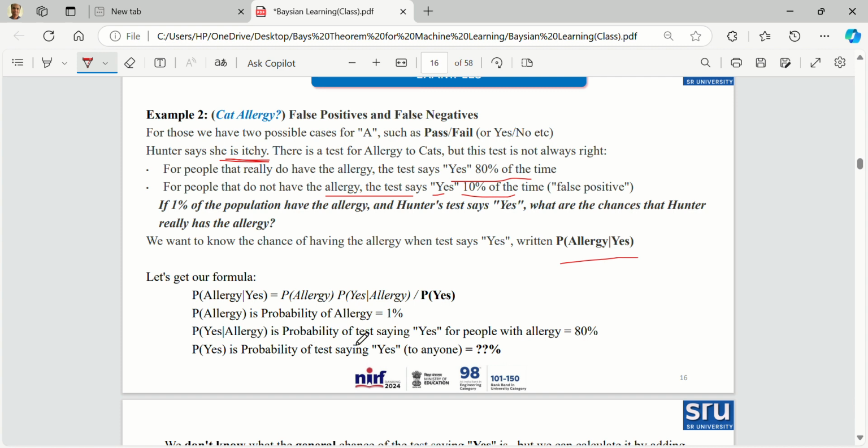Probability of allergy is 1%. Probability of Yes given allergy, that is the probability of the test saying yes for people with allergy, is 80%. The probability of Yes is the probability of the test saying yes to anyone. What is the percentage? This is the important factor to calculate whether the person has the allergy or not.